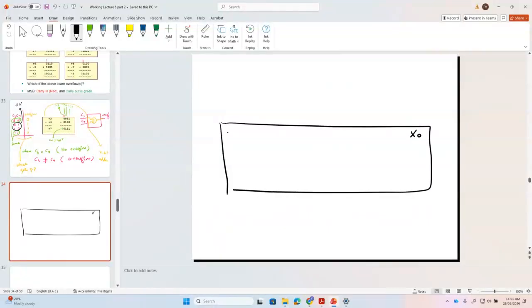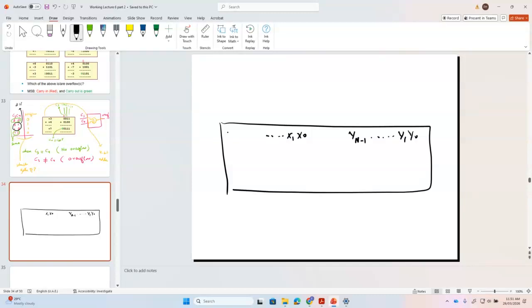So the input will be x0, x1, and so on until what? x n minus 1. Then what? y0 till y n minus 1.